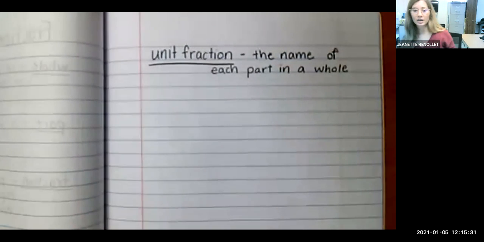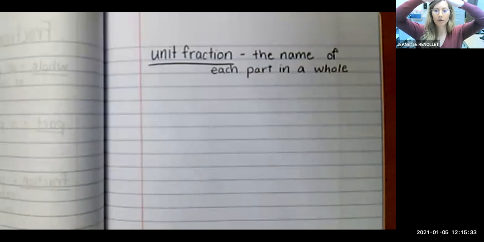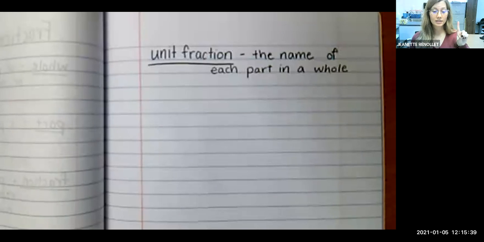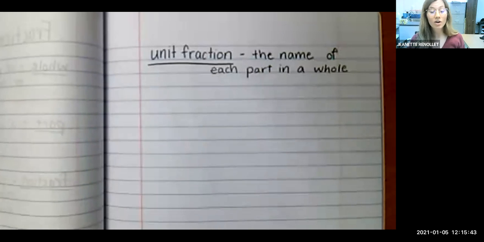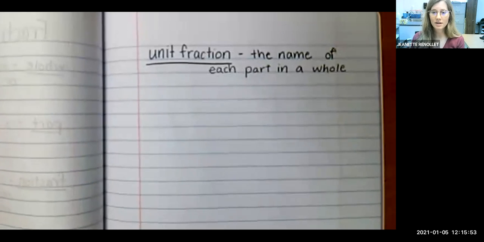So we have been learning about the whole, when all the parts come together. Part means one of the pieces, and unit fraction is what we call that part. We give it a name. We're going to do some examples of this together in just a minute.